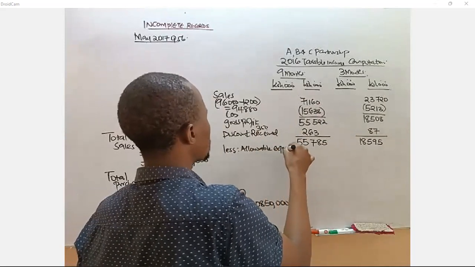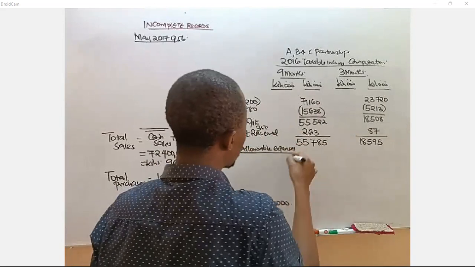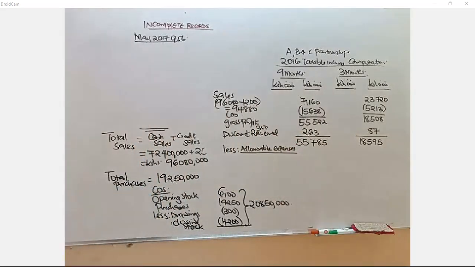The allowable expenses are provided in the additional information. We are supposed to be looking on the payments which were made there. I'm going to be starting with the first one, which is the interest on loan.